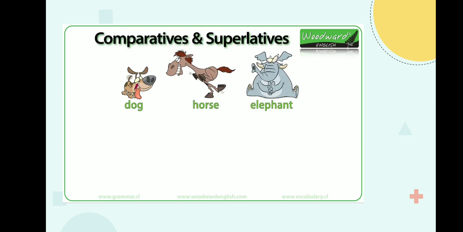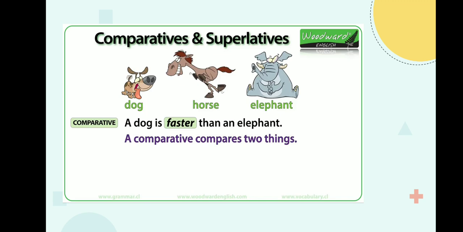How can we compare these three animals? Let's compare the dog and the elephant with the adjective fast. We say a dog is faster than an elephant. Faster is a comparative. A comparative compares two things. In this case, a dog and an elephant.